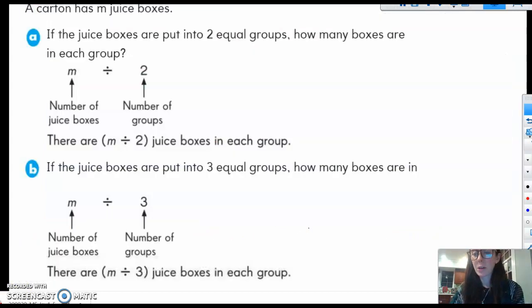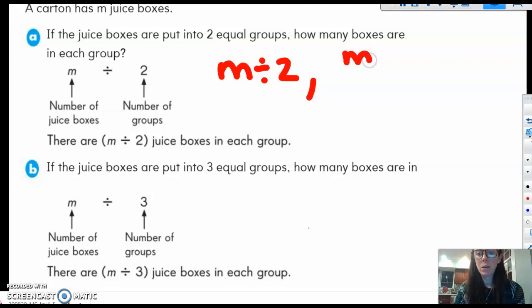Okay, now our last operation that we're going to look at is division in algebra, and it's going to look very similar. So if I was using a variable m and I wanted to divide that into different groups, to write that out as an algebraic expression, you would just do your variable m divided by 2. So we can write it just like that, m divided by 2, or you can also show this as m over 2.